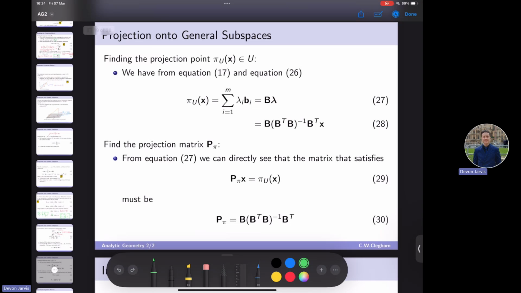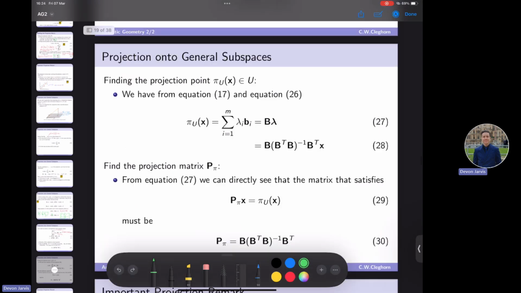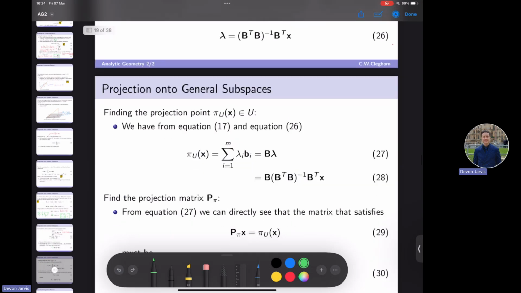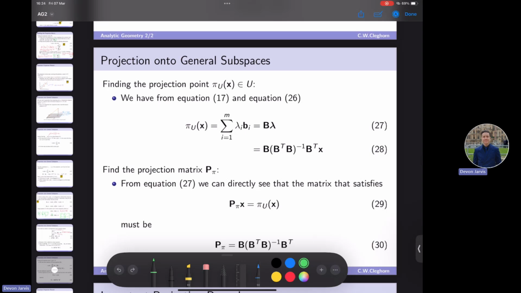Okay, lastly, finding the projection is now just the same idea as before. Once we've projected onto the subspace, we know that the new data point is written as a linear combination of our basis, the linear combination coming from our lambda coefficients, or our coordinates, multiplying our basis B. And remember that in this case, you're always representing the basis on the left, multiplied by our coordinates on the right.